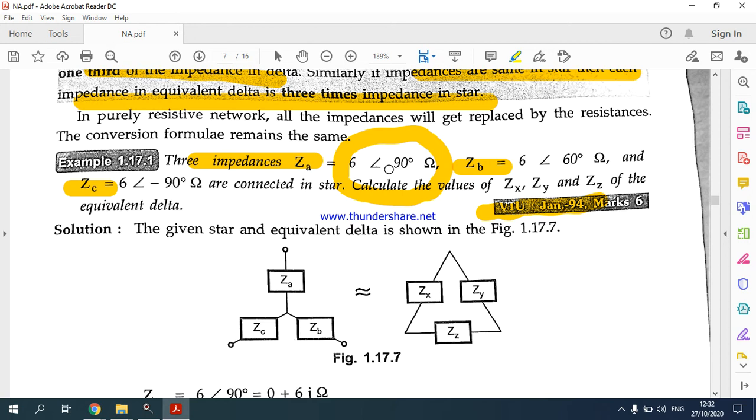If you are doing addition and subtraction, you are expecting your value to be in polar or rectangular form? Addition and subtraction, tell me.